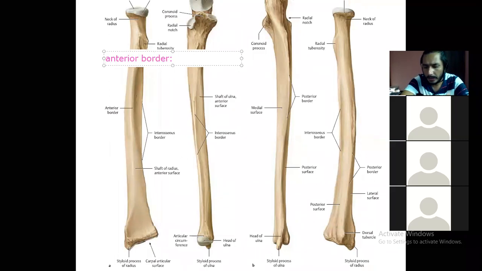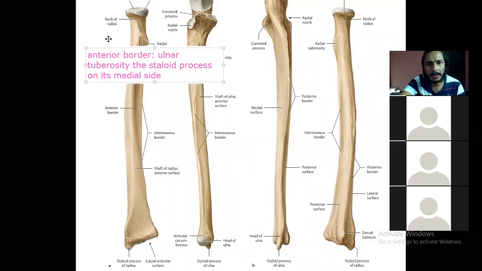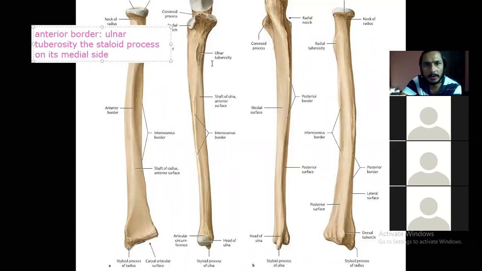The anterior border of the shaft of the ulna extends from the ulnar tuberosity to the styloid process, on the medial side. You can see this border here, from the ulnar tuberosity it runs along here.